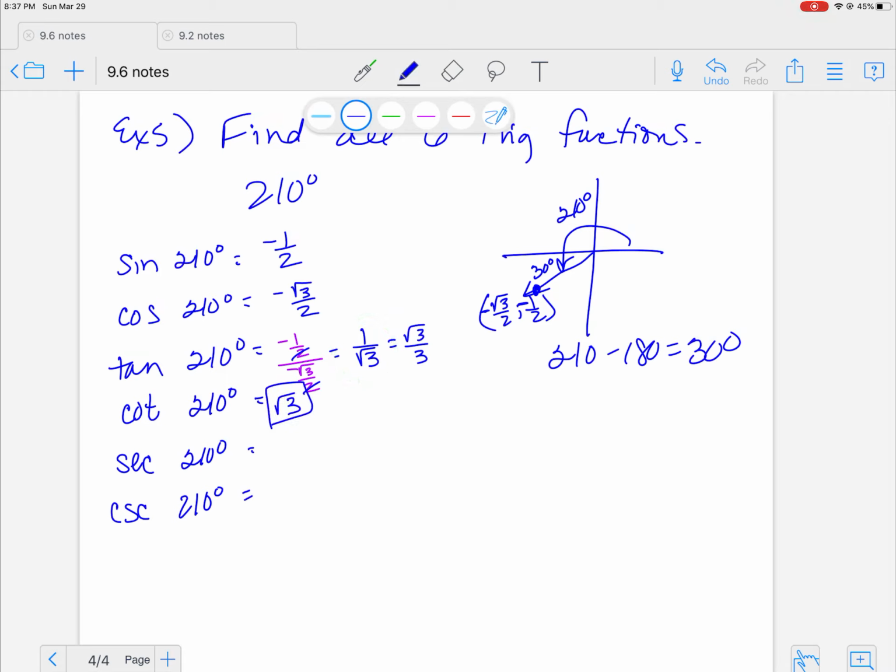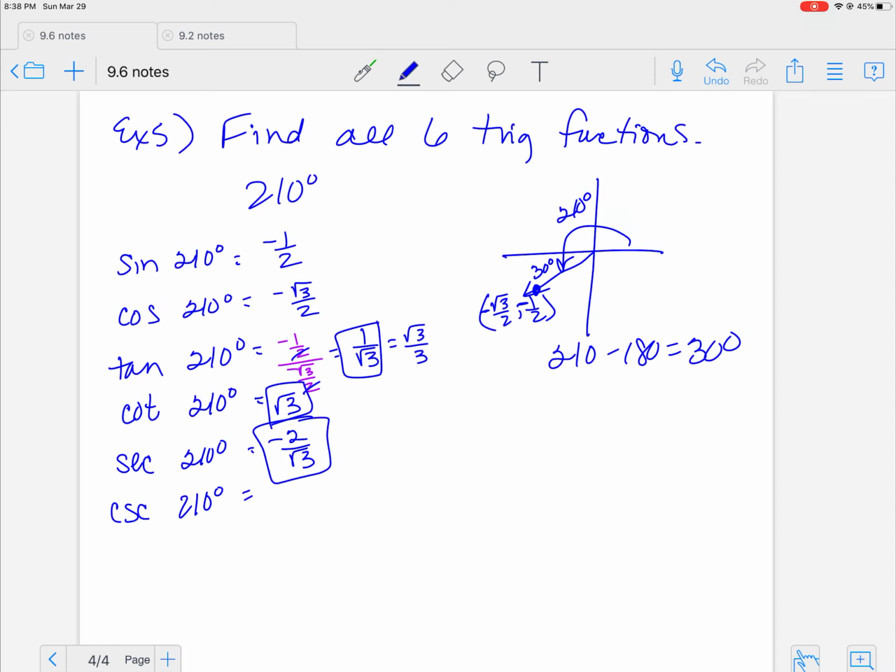Cotangent, in my opinion, it's nice to leave it here because as soon as you see cotangent, what can you do? I don't have to mess with this. I go straight to just the fact that it is the square root of 3. Secant, this is the reciprocal here of cosine. Is my secant a reciprocal of cosine?